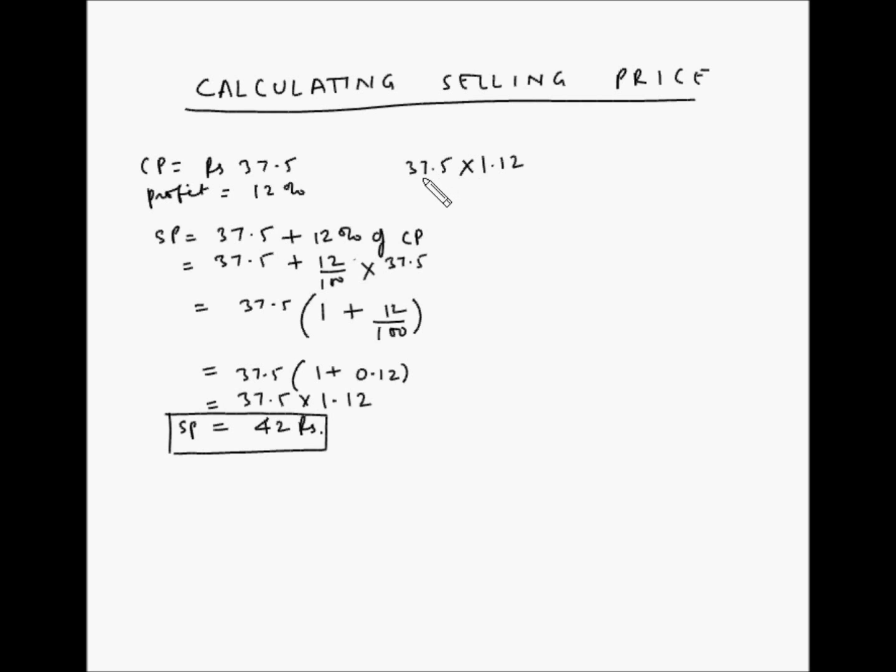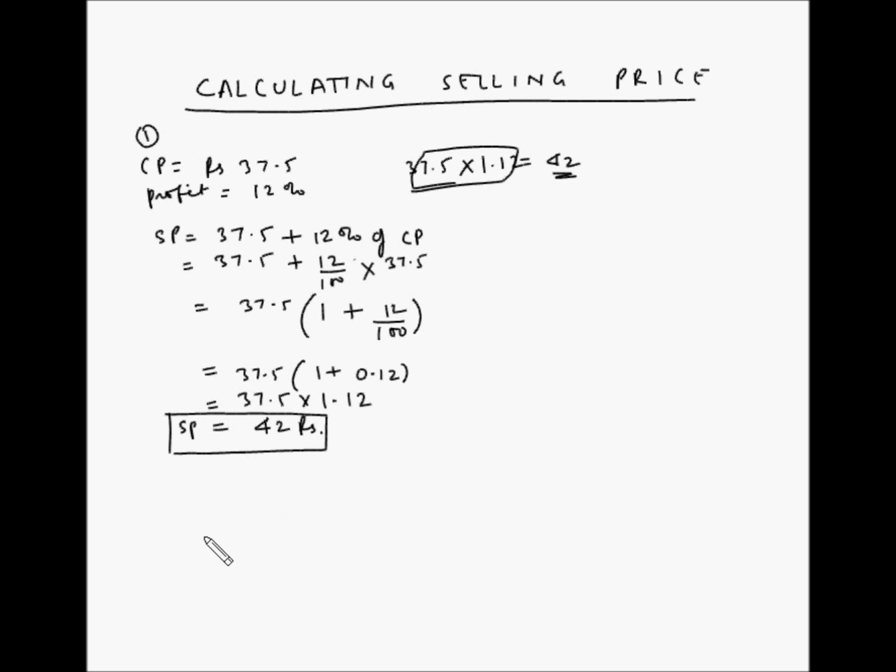So what this means is 1 times 37.5 plus 0.12 times 37.5. So this will give you 42, which is your selling price. So here we calculated the selling price based on profit and cost price.